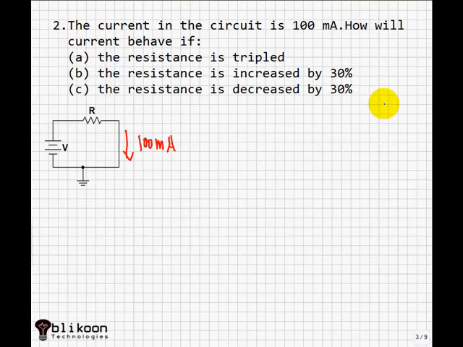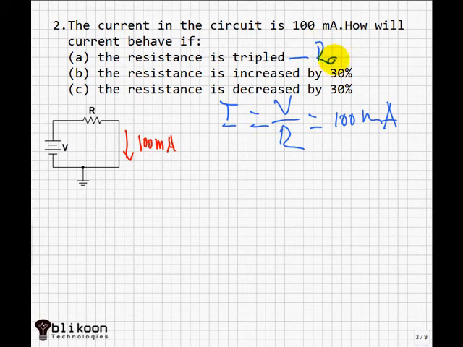Current in the circuit is 100 milliamps. How will the current behave if the resistance is tripled? We know that current equals voltage divided by resistance, which equals 100 milliamps. In A, they tell us the resistance is tripled. This means RA equals 3R.